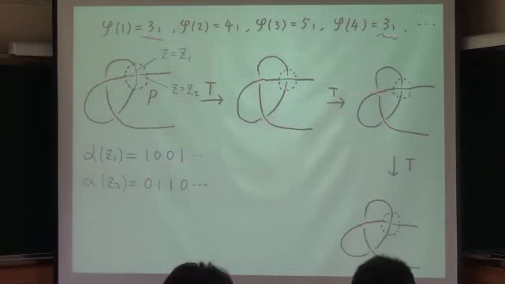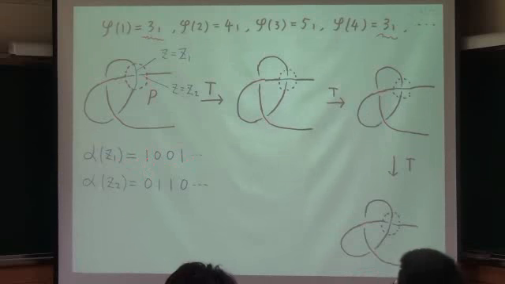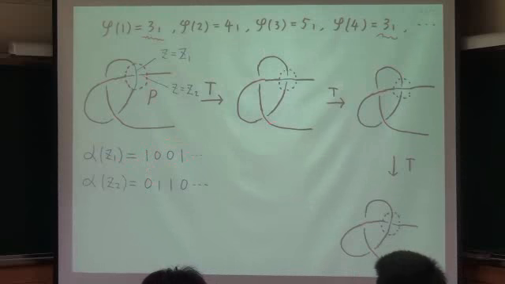And then we can see that 1 corresponds to the right half and 0 corresponds to the left half. So for the z coordinate, 1 is greater than 0. So this is a crossing, and 0, 1 means that if we map by T, a crossing change occurs.